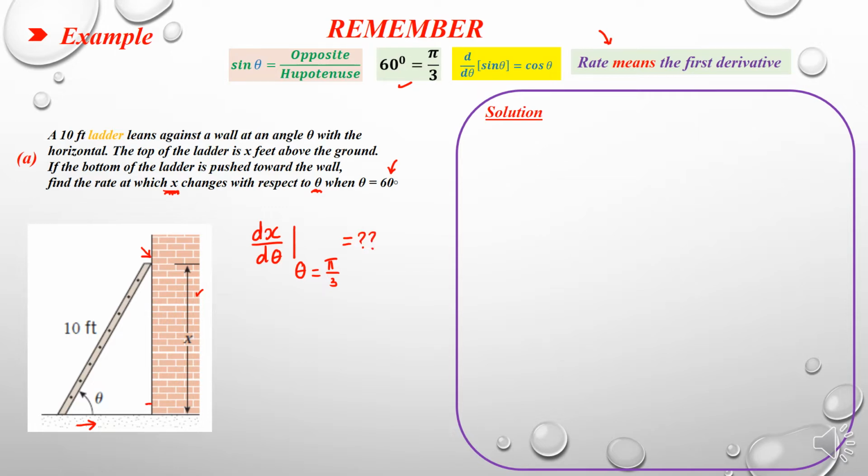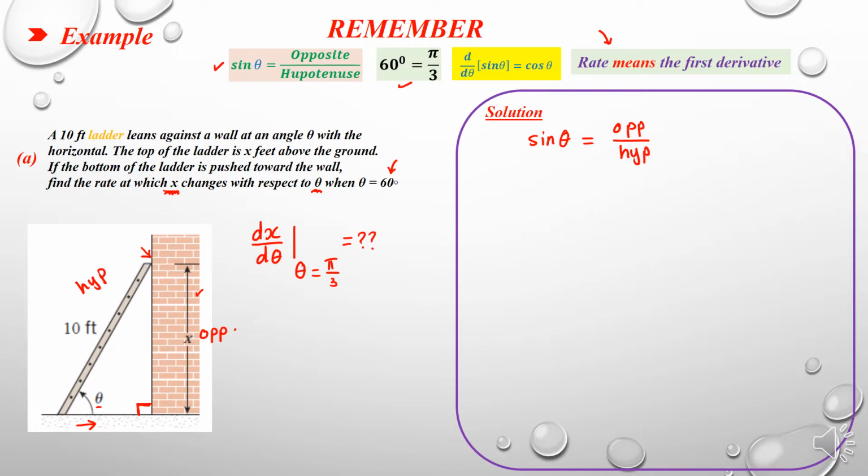Here we have a right triangle, and here is theta. So x is the opposite side in our problem, and the ladder is the hypotenuse. So what trigonometric function relates the opposite with the hypotenuse? It is sine of theta. So we can write sine theta equals opposite over hypotenuse.